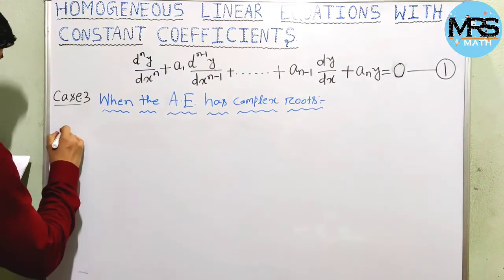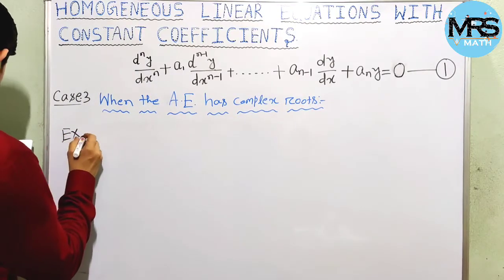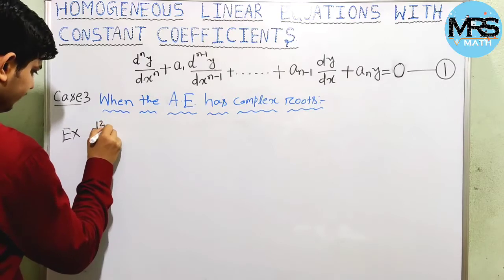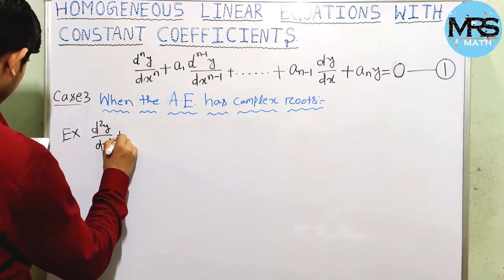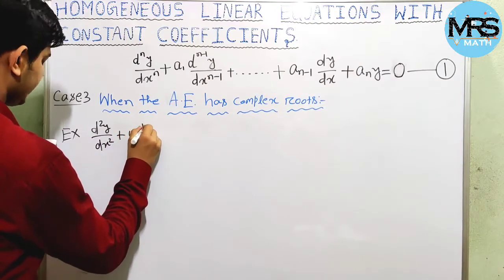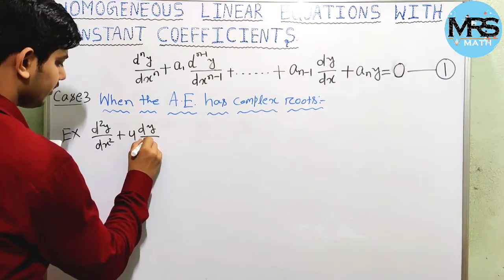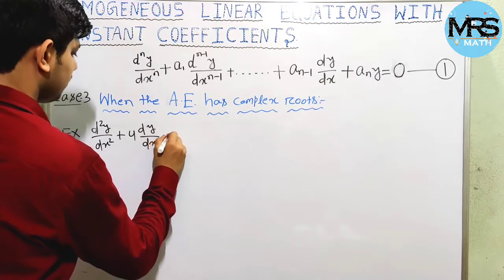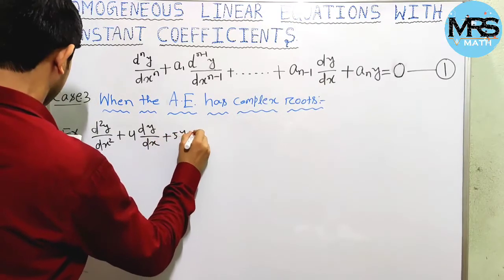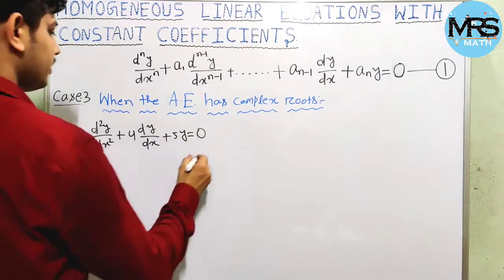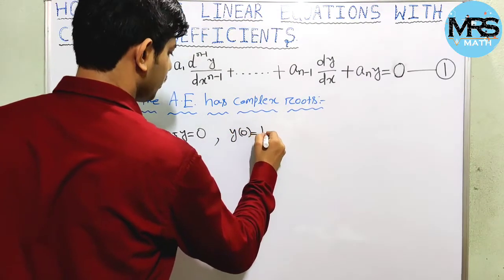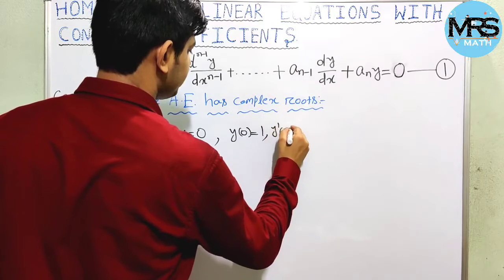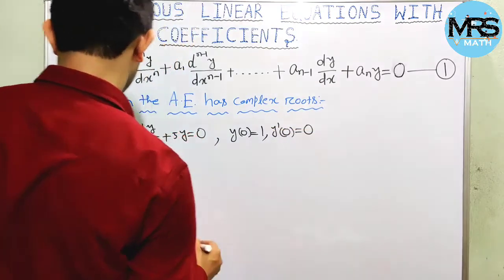So the example is d2y by dx2 plus 4 dy over dx plus 5y equal to 0, and some conditions are there, that is y of 0 equal to 1 and y dash of 0 equal to 0.